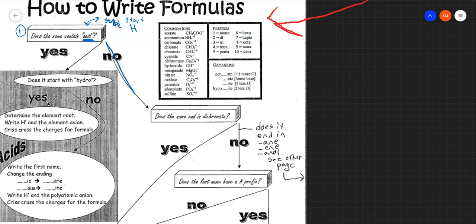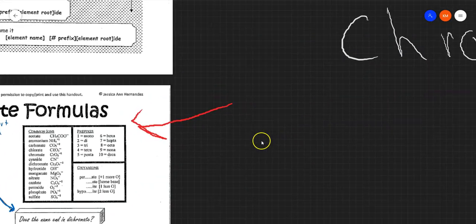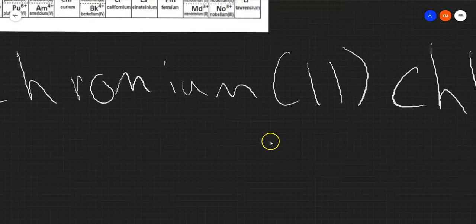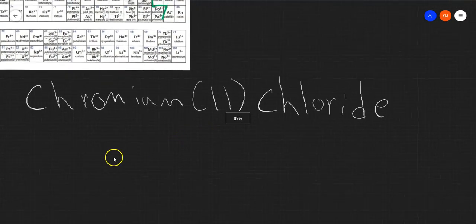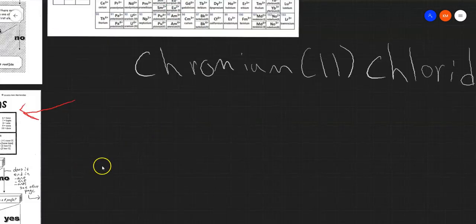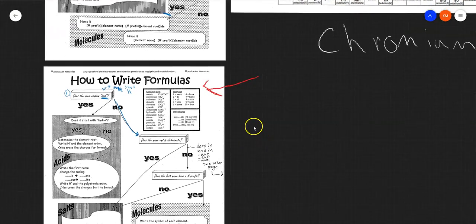So then we come down here. Does it have the name dichromate? Let's see. Chromium chloride. Okay, so I have chrome, but it's not dichromate.